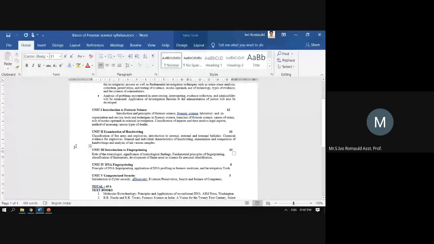So the next topic which we are going to see is classification of injuries and their medico-legal aspects. So what are these medico-legal aspects? What is an injury?